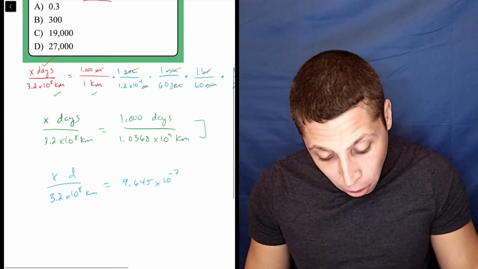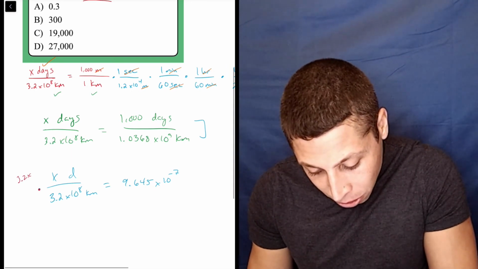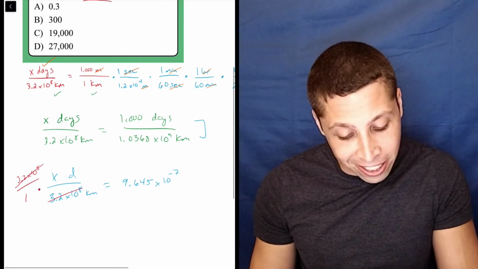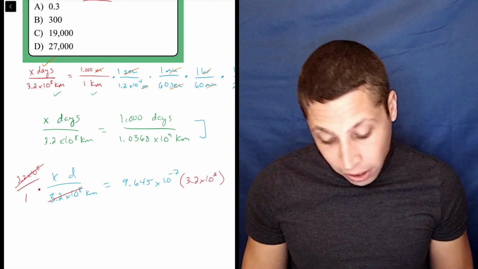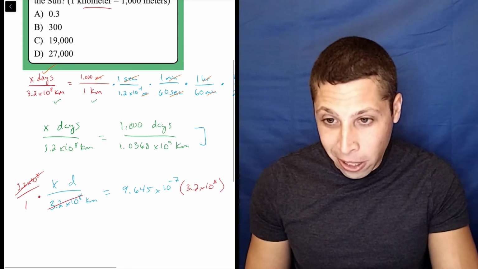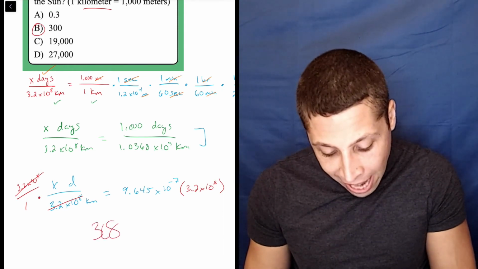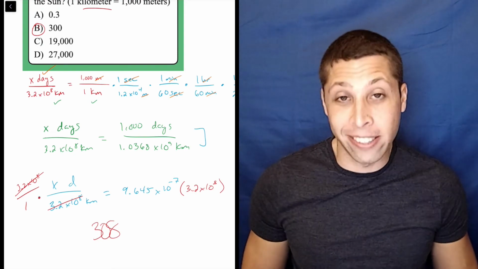Well, we are going to multiply both sides by 3.2 times 10 to the 8th kilometers, and that's going to cancel it out here, and it's going to give me a much better number over here. To skip all of the calculating, we are going to get roughly 308 days, and that is close to 300. So there is our answer.